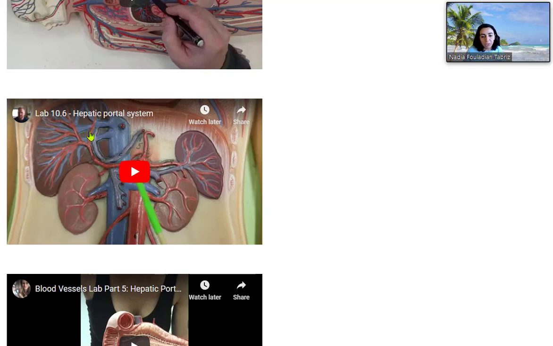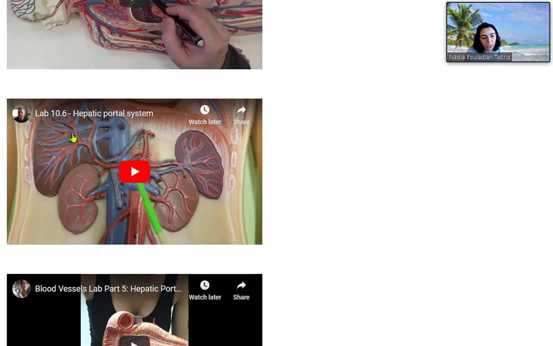But it is just a collection of the veins that are getting back from different parts of the digestive system and spleen, and they get into the liver instead of pouring into the inferior vena cava directly and getting back into the heart. They first go into the liver, some interaction is done inside of the liver, and then they get back into the inferior vena cava, and then the blood continues its way to the heart.